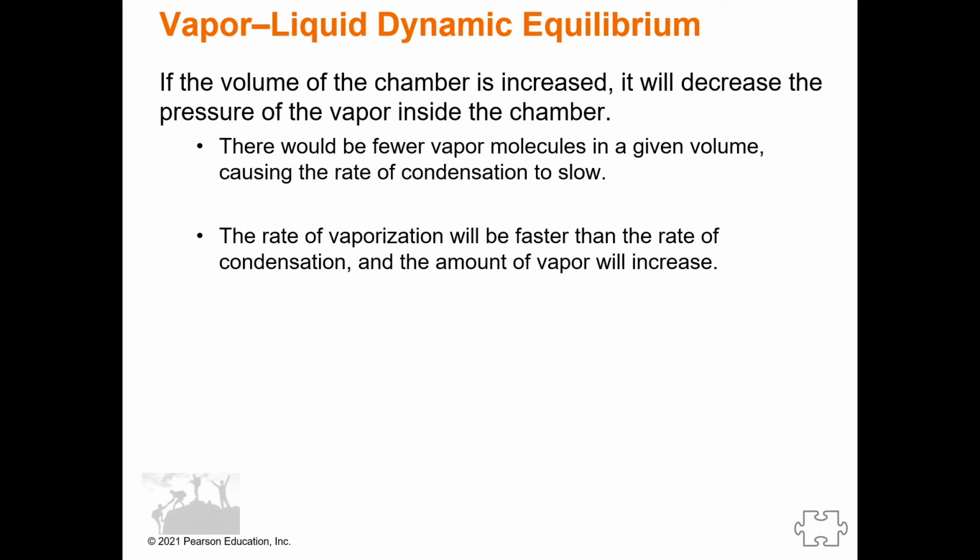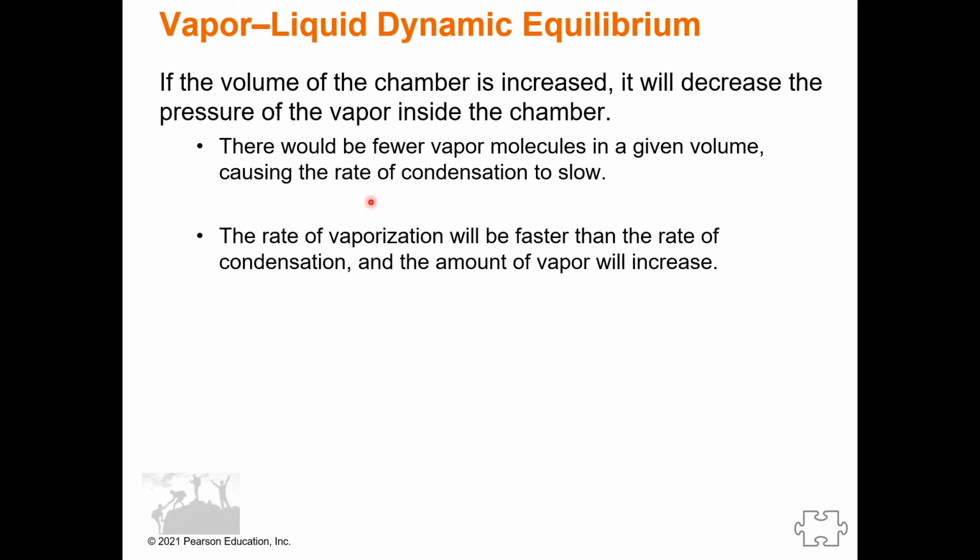Now say that we have a sealed flask with liquid and its vapor, and it's also at dynamic equilibrium. Now, what happens if the volume of this chamber is increased? Well, now those vapor molecules can't maintain the same pressure with this new volume. There's not enough vapor molecules to hit the inside walls of the chamber to maintain the pressure. So now what's going to happen?